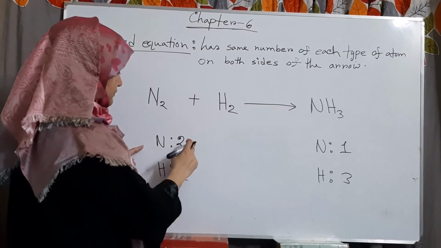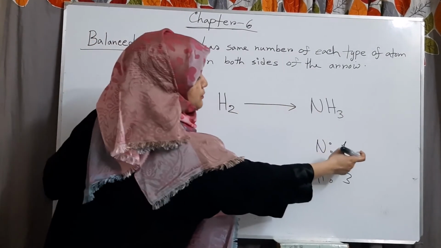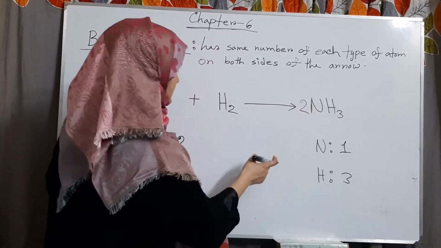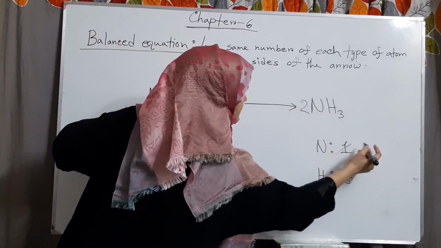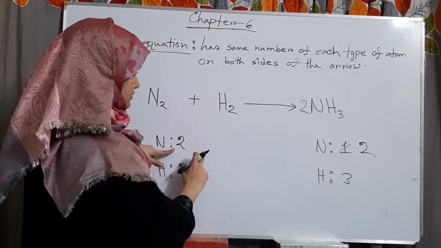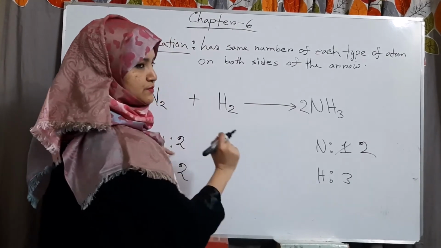If we put 2 here, then we get 2 nitrogen, and now our nitrogen is balanced.